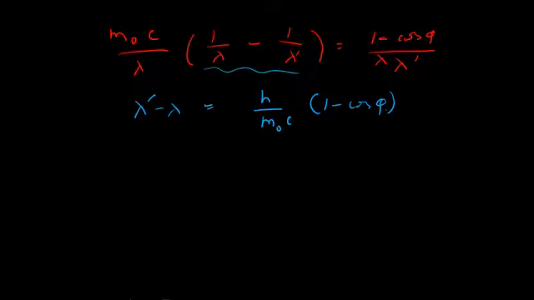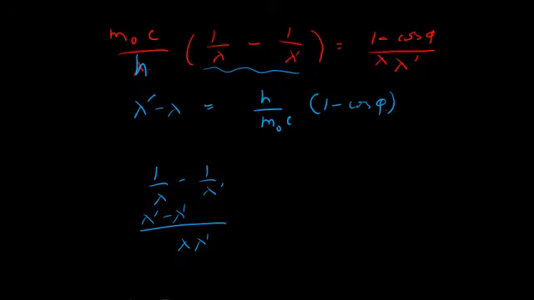When we solved 1 over lambda minus 1 over lambda prime, we get lambda prime minus lambda over lambda into lambda prime. By further simplifying, we get this one is the h.